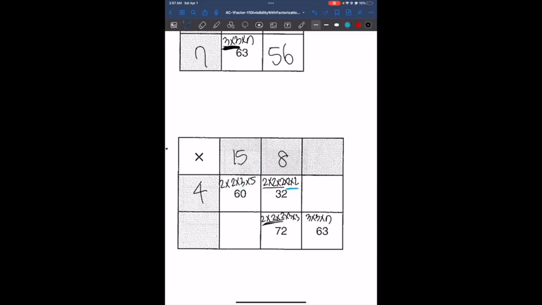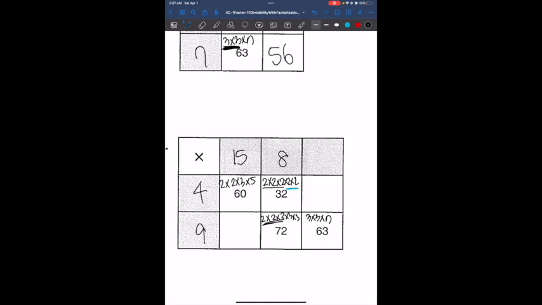And then we know that this 8 times this square gives us 72, and 8 is 2 times 2 times 2, so the remaining 3 times 3 is going to go in this square, so that's going to be 9.